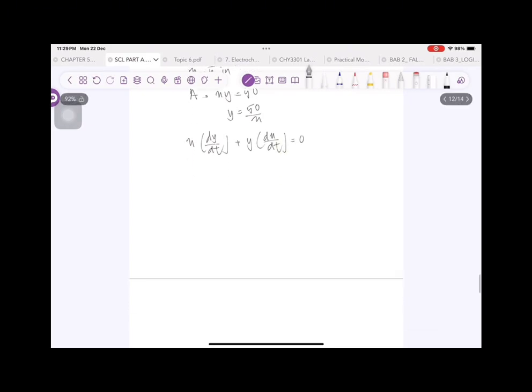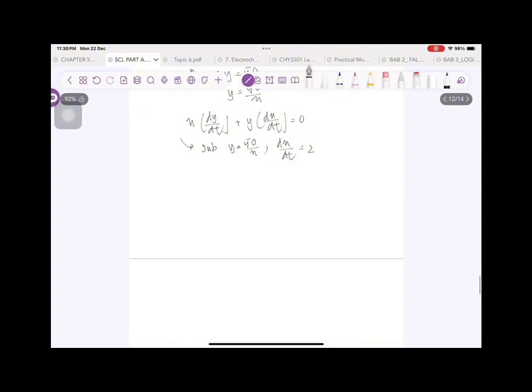Based on the information that we have obtained, you can just substitute y equal to 50 over x and dx over dt equal to 2. We get dy over dt equal to negative 100 over x squared.